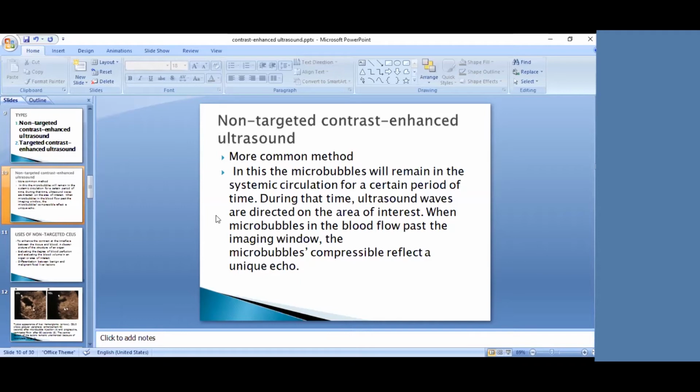When microbubbles in the blood flow past the imaging window, the compressible microbubbles reflect a unique echo. When the ultrasound wave reaches the microbubbles, it causes them to vibrate and generate an echo. Then this echo is reflected to us as a description of perfusion: hyper-, hypo-, or iso-enhanced.